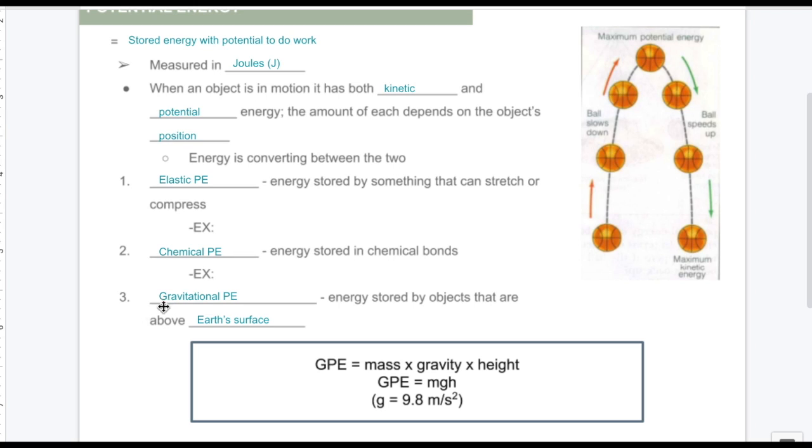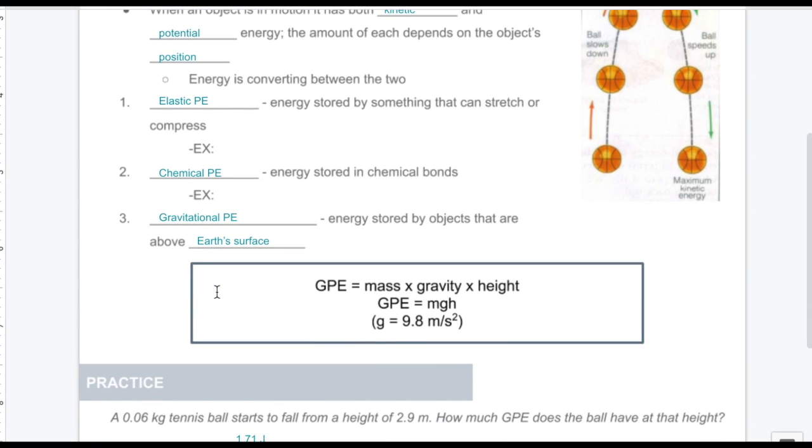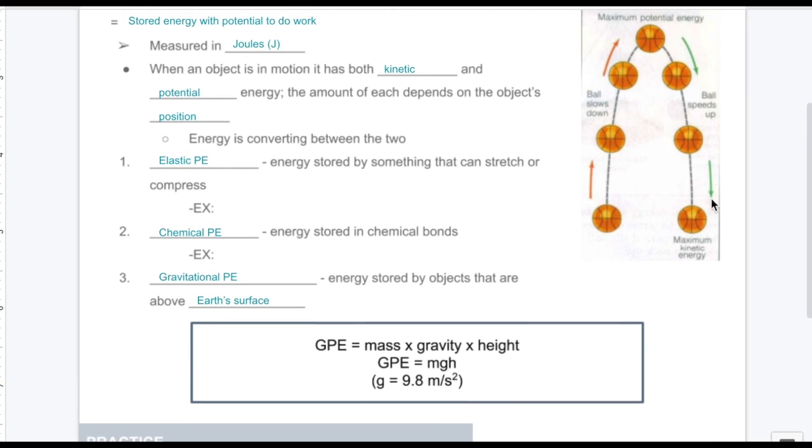And then number 3 is gravitational potential energy. We generally talk about this one quite a bit whenever we're talking about motion and physics. This is the energy stored by objects that are above Earth's surface. So this example here was gravitational potential energy because it's higher from the ground.